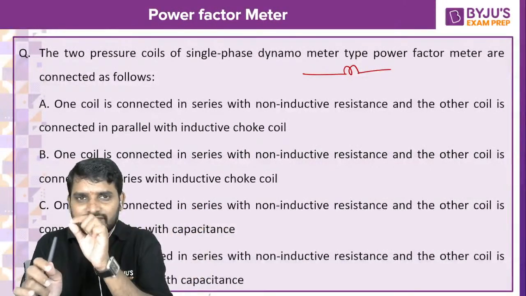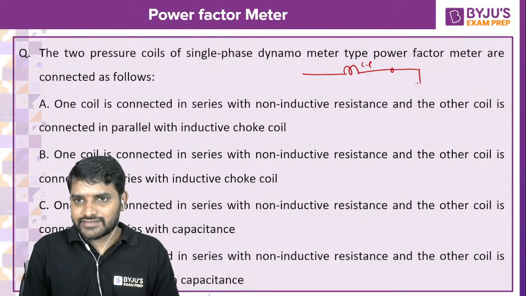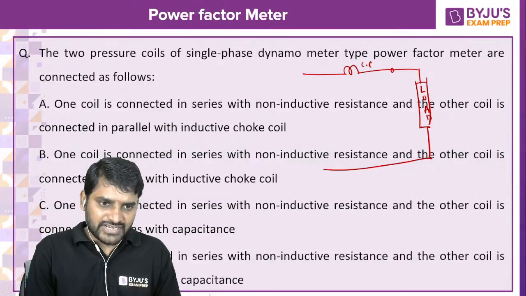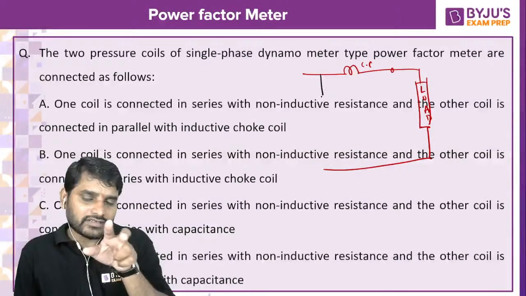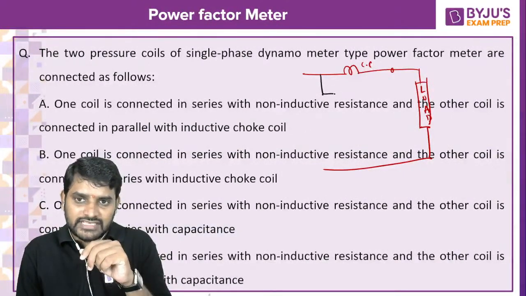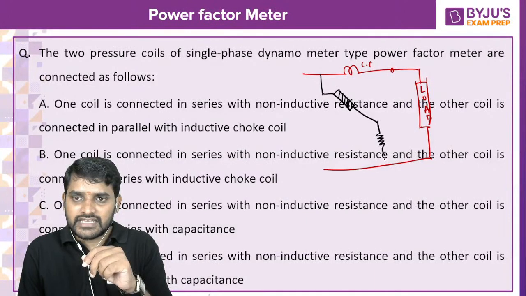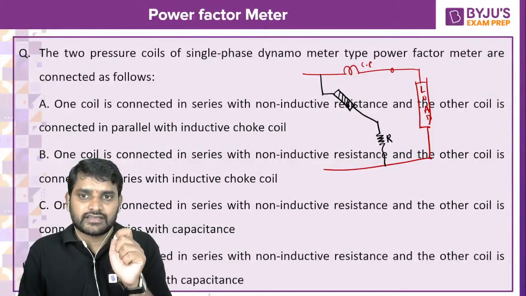There are small differences. That's it. So this is a current coil. You can place it in series with a load. And now the pressure coil is made into two parts. One coil is connected in series with a pure resistance.